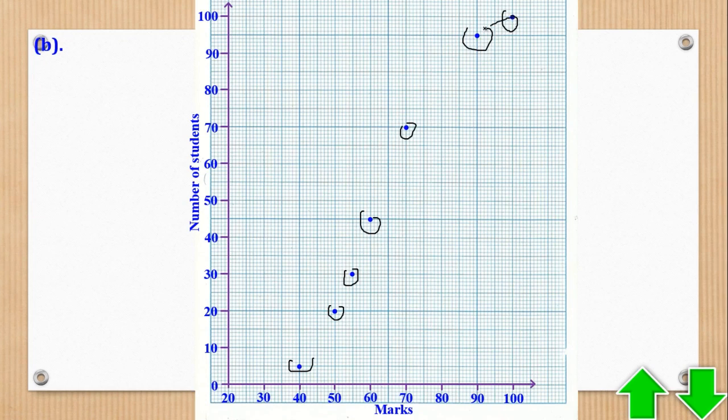Next we have to draw a reasonably smooth curve through all those values, but the curve must not be left hanging, so it has to be extended until it reaches the lower class boundary. We began with 20 because 20 was the lower class boundary. Let's do that.